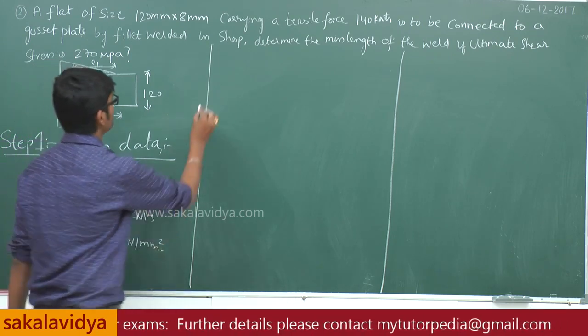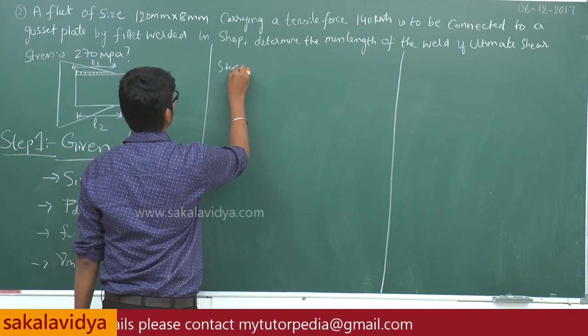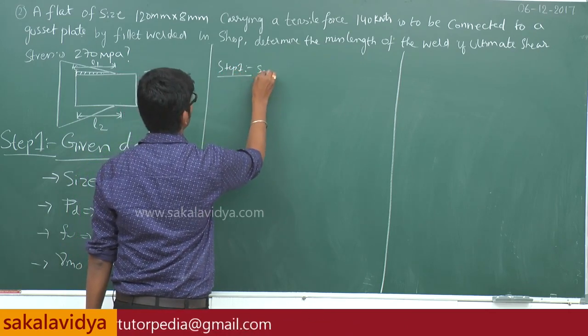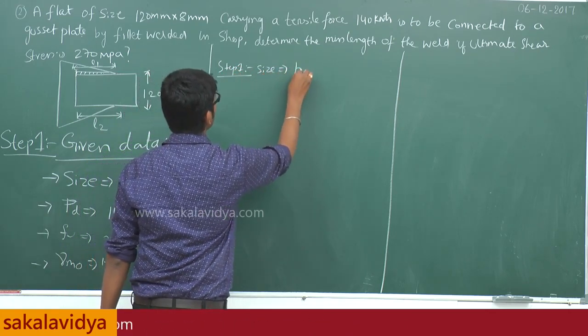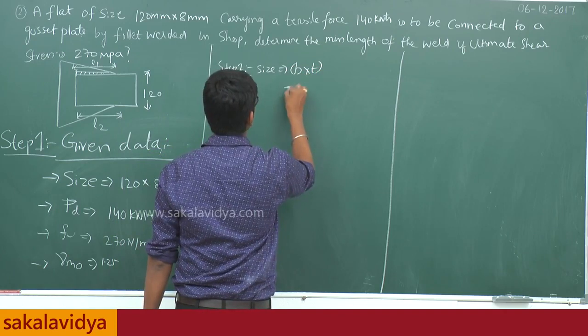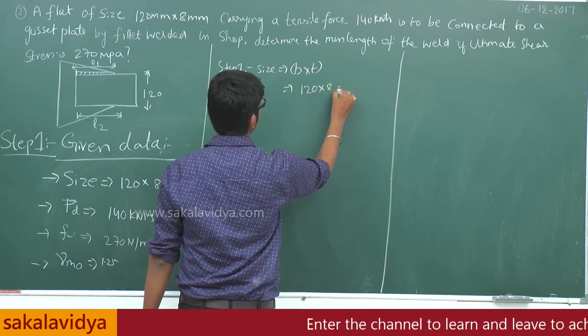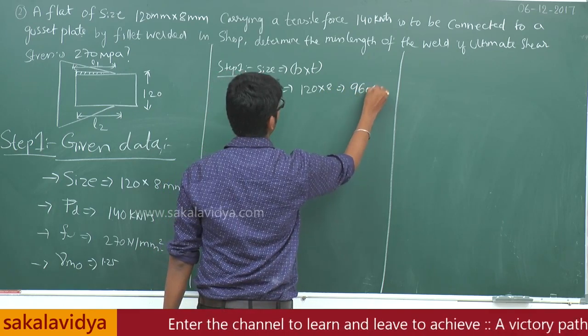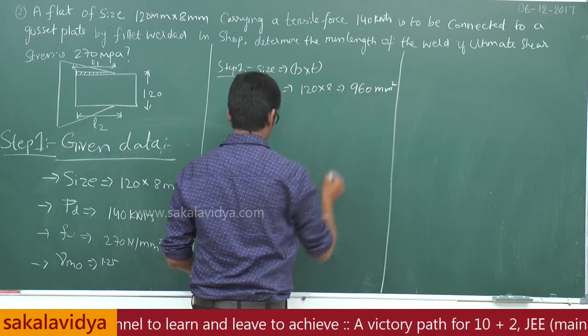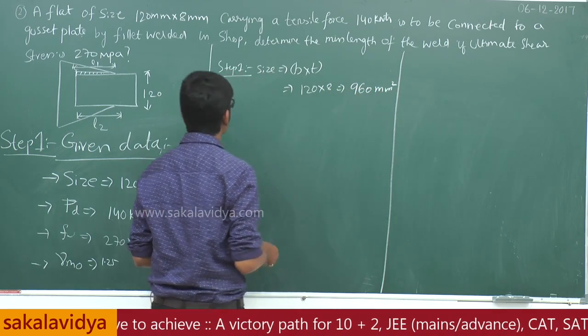What is step 1? Size of the plate is equal to B into T, that is 120 into 8 equal to 960 mm square.